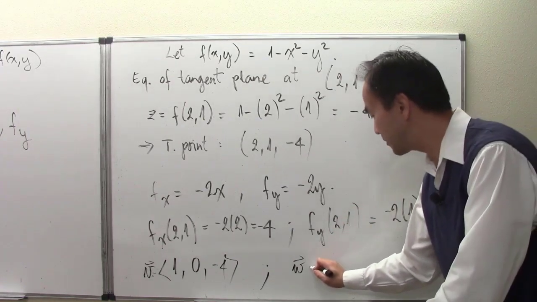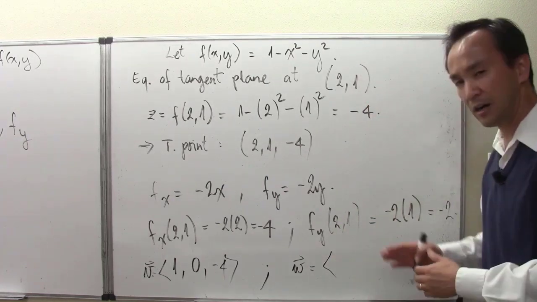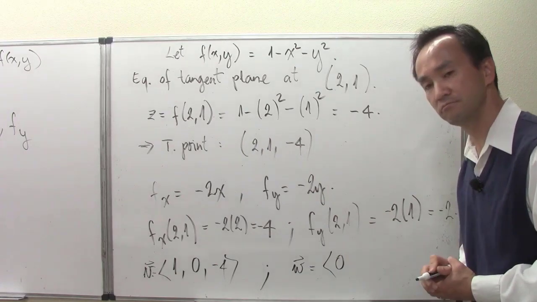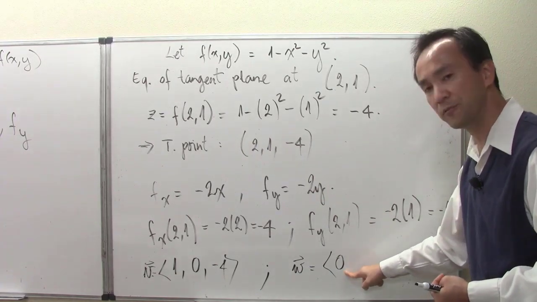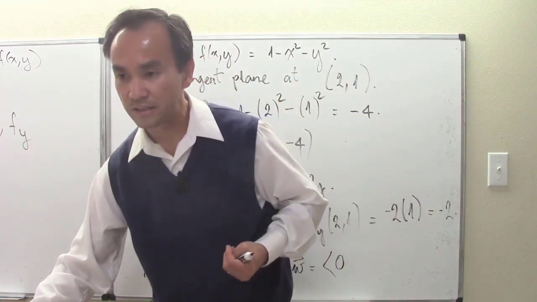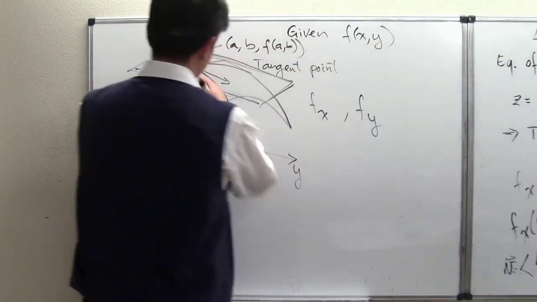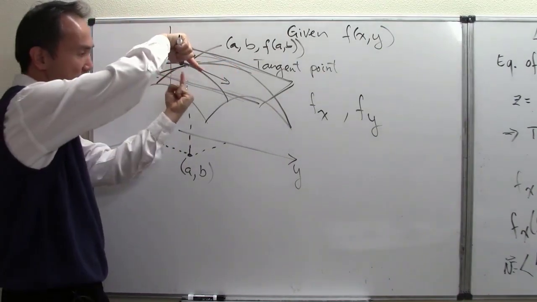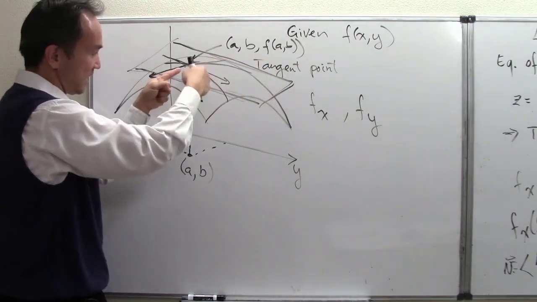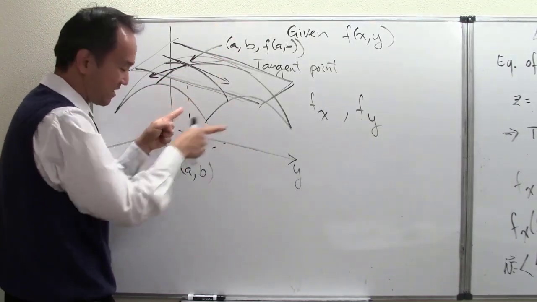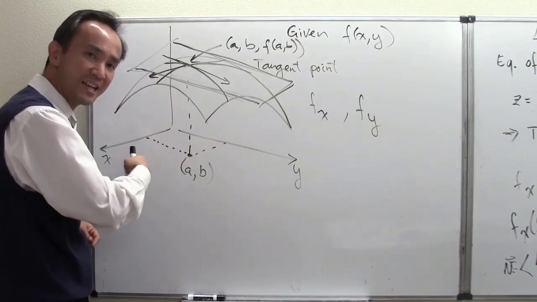In a similar argument, along the y-axis we set the x value for that vector to be 0. Think about this vector right here: it's not going anywhere in the x direction. It's only pointing along the y-axis. So we have some change in y and some change in z, up and down, in the y direction, but nothing in the x direction.